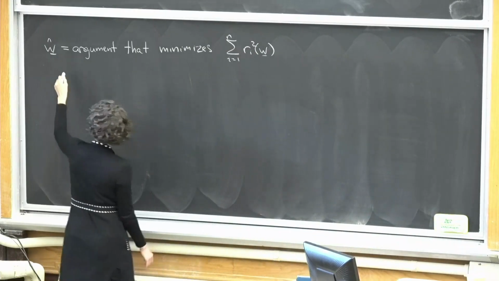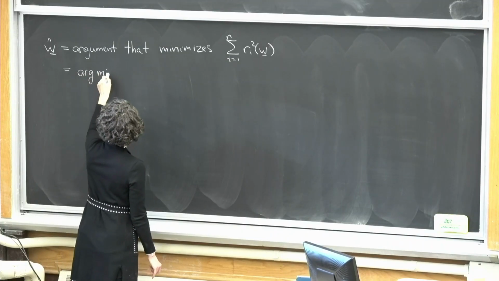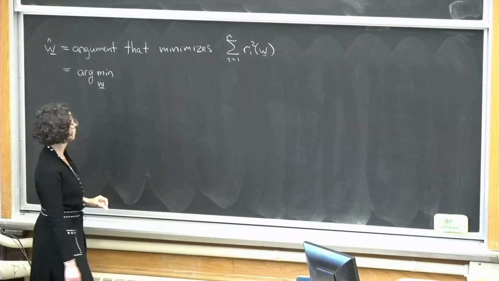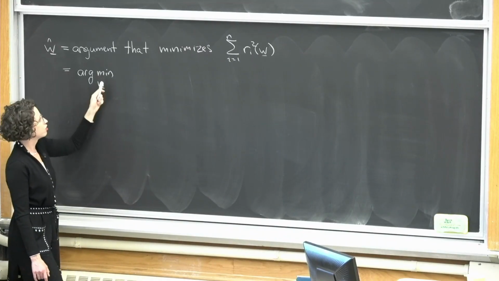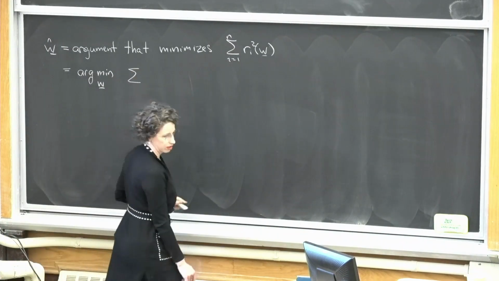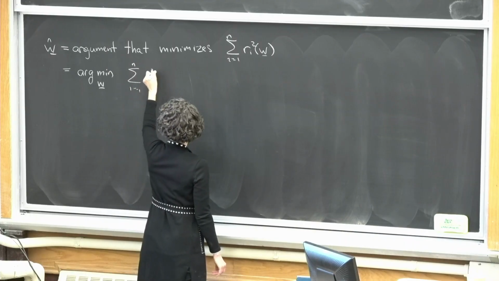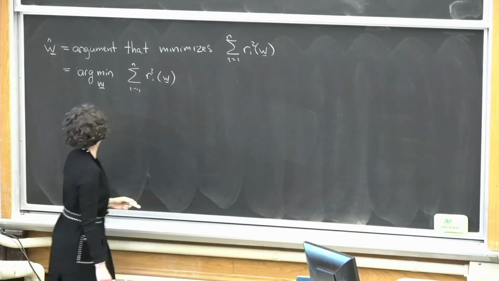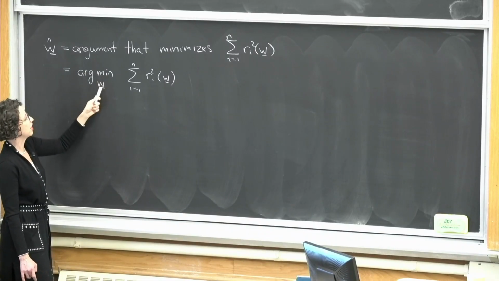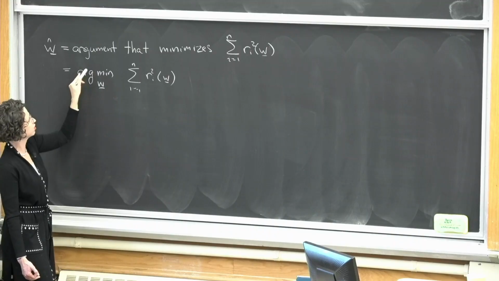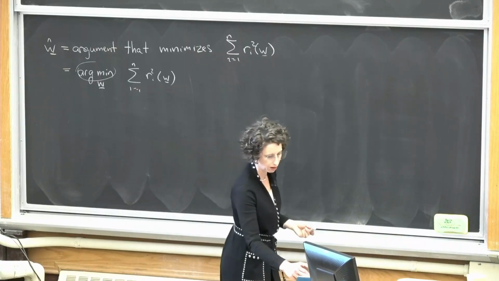I'm going to use a little shorthand here, and call this the arg min over W. So I'm going to search over all W's and try to minimize the sum from i equals 1 to n of Ri squared of W. And what I want as output is not the minimum value, but the argument W that gives me that minimum value. So that's what argmin means here. We're going to see that a lot as we talk about different optimization problems.